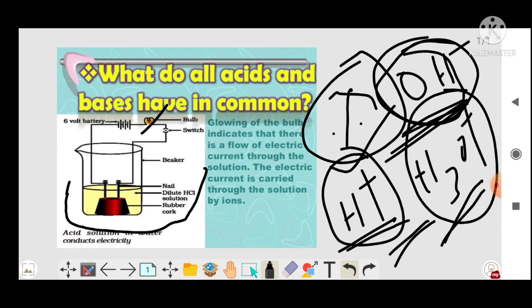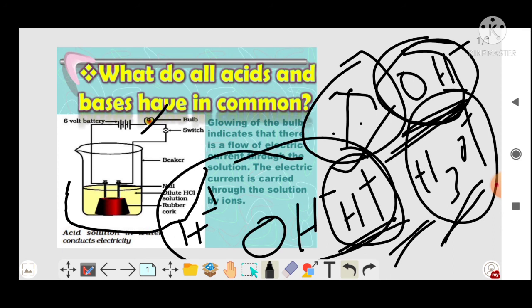So acid solutions in water conduct electricity because of H plus ion, and base solutions in water conduct electricity because of OH minus ion. So this is the common thing between acid and base.